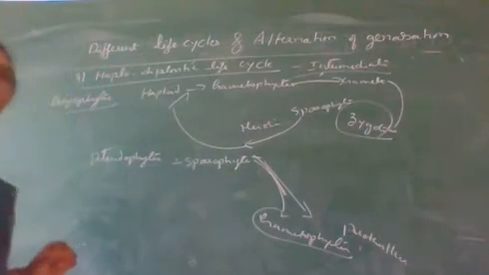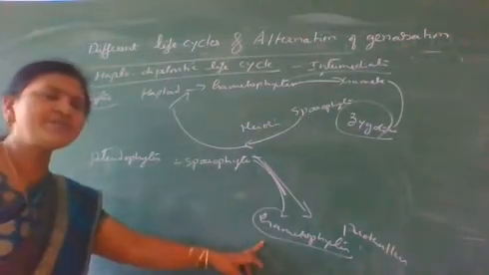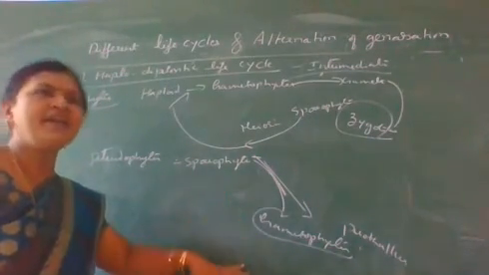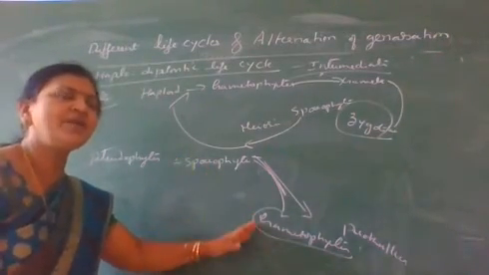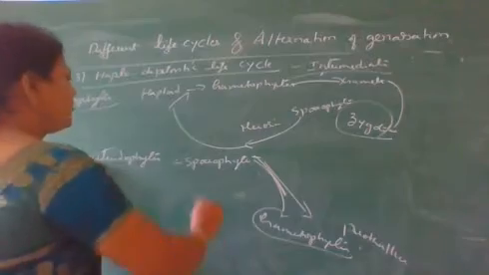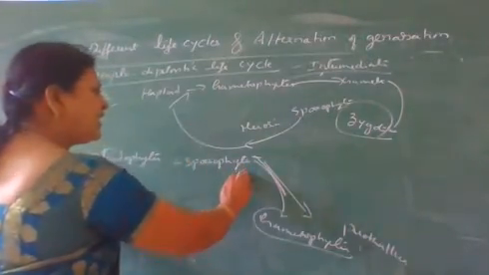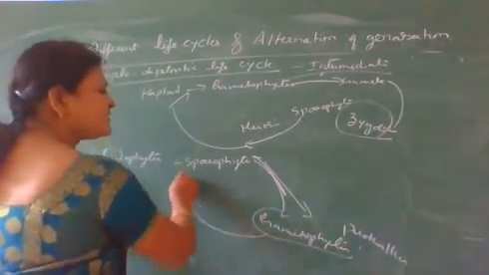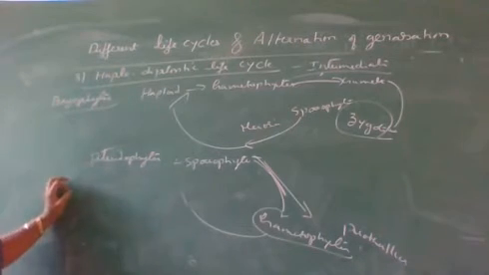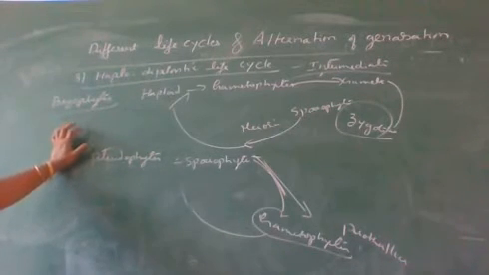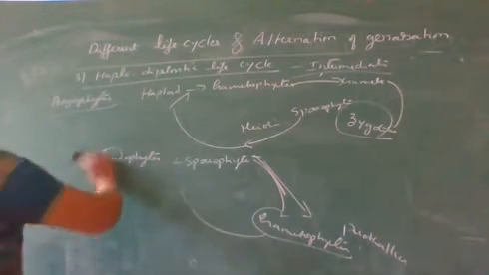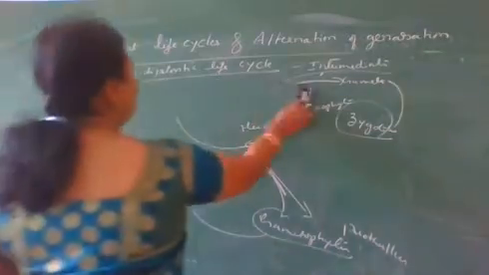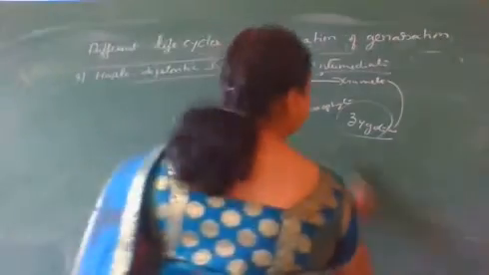And this is always photosynthetic and it is independent. Here we can observe both the diplontic as well as haplontic phases. Therefore, this kind of life cycle is called the haplodiplontic life cycle. So this is the intermediate type of life cycle.